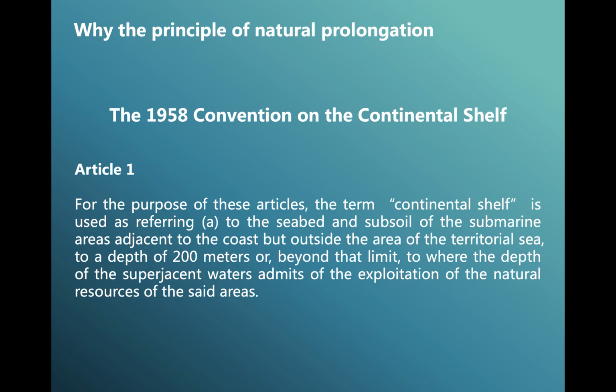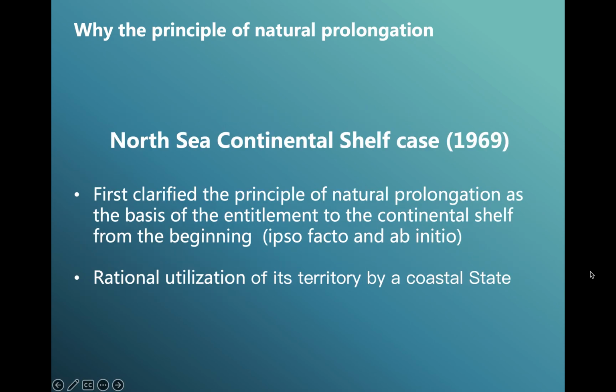Next, the 1958 Convention on the Continental Shelf was the first international treaty to regulate the rights over the continental shelf, recognizing the principle of natural prolongation as the sole basis of the right. A famous case, the North Sea Continental Shelf Case in 1969, first clarified the principle of natural prolongation as the basis of entitlement to the continental shelf.